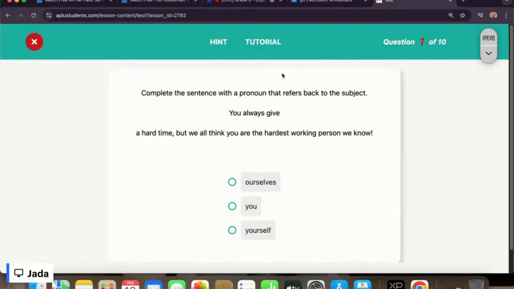Complete the sentence with the pronoun that refers back to the subject. You always give dash a hard time, but we all think you are the hardest working person we know.